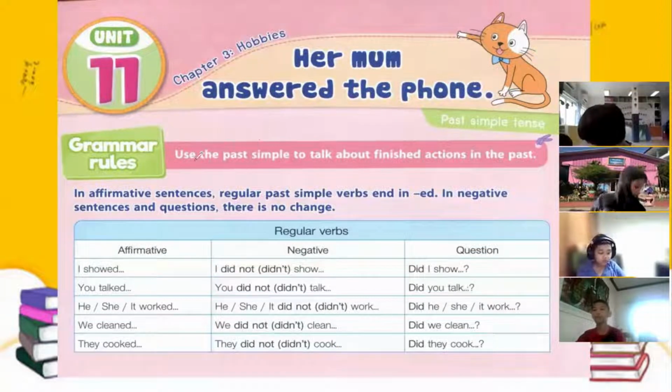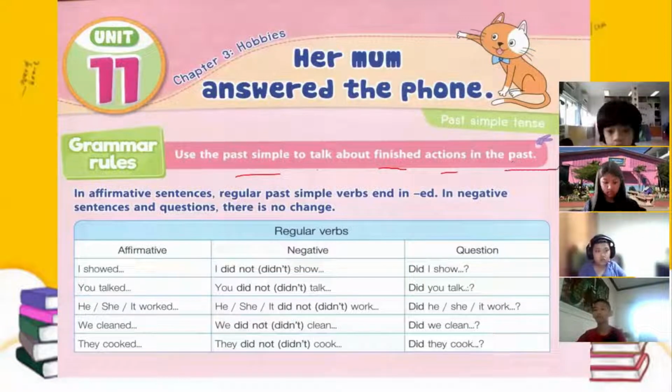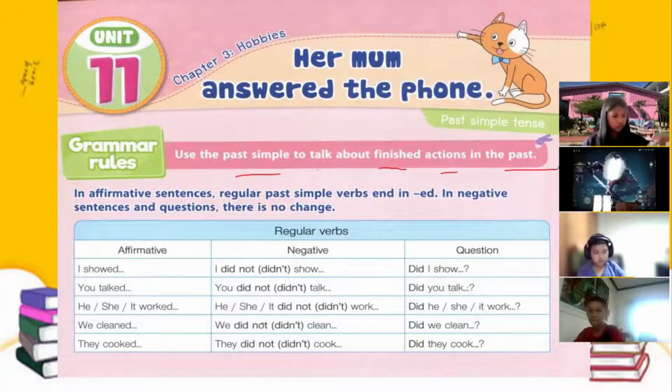Either you can say past simple tense is used to talk about a finished action in the past, something we did that is already finished. Students, you have to remember: past simple tense talks about things that happened before now, already done, already finished.